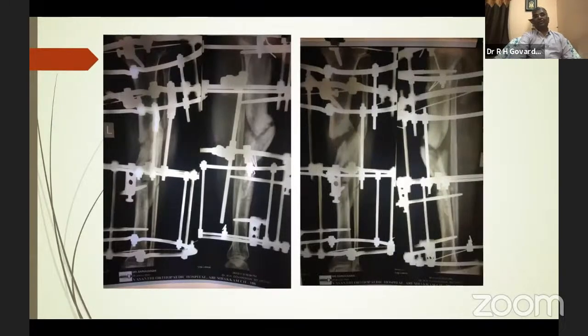You can see that the non-union has opened up very nicely and bone has formed in between the two bones, because it is a hypertrophic non-union. Not all sclerosed ends of the non-union are avascular and need to be thrown away. These are the varieties where distraction provides you callus formation.